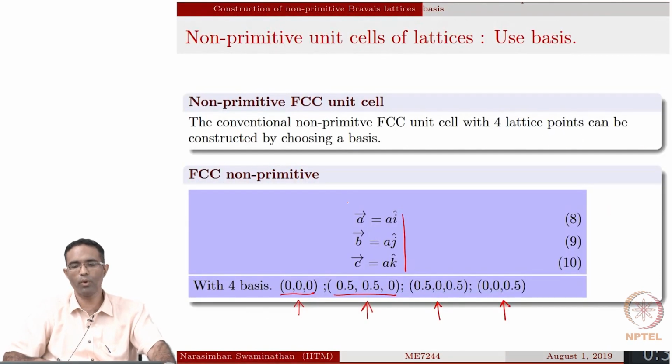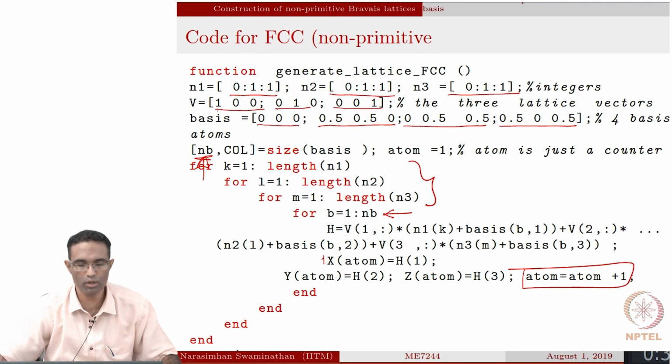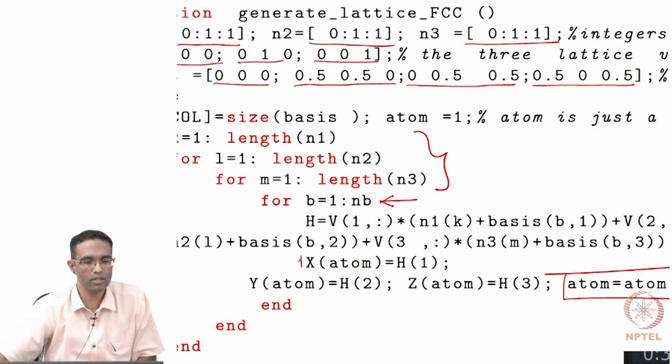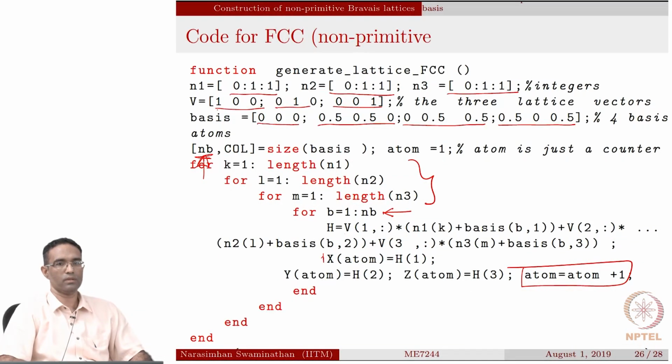So what would you do if you wanted to construct a body centered lattice? Suppose you wanted to modify this code to construct a body centered lattice. How would you do it?